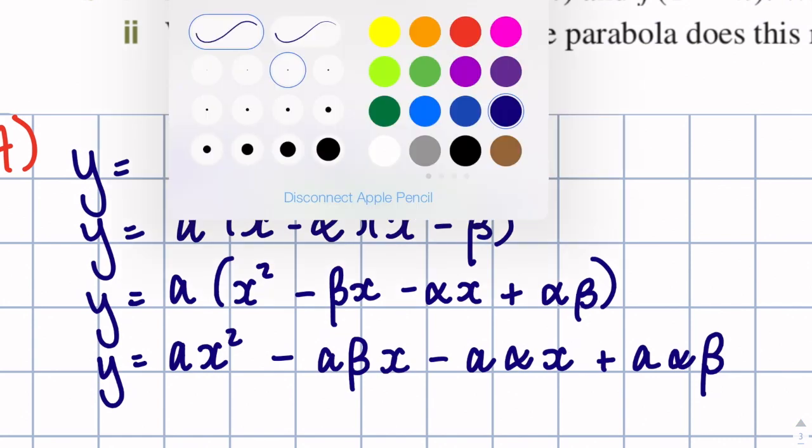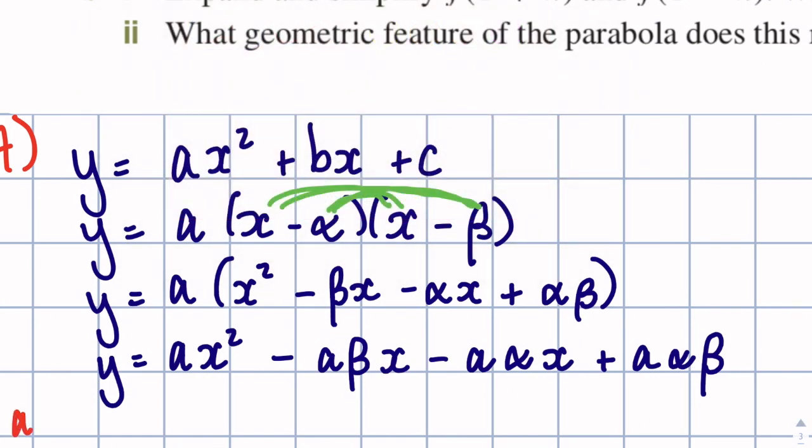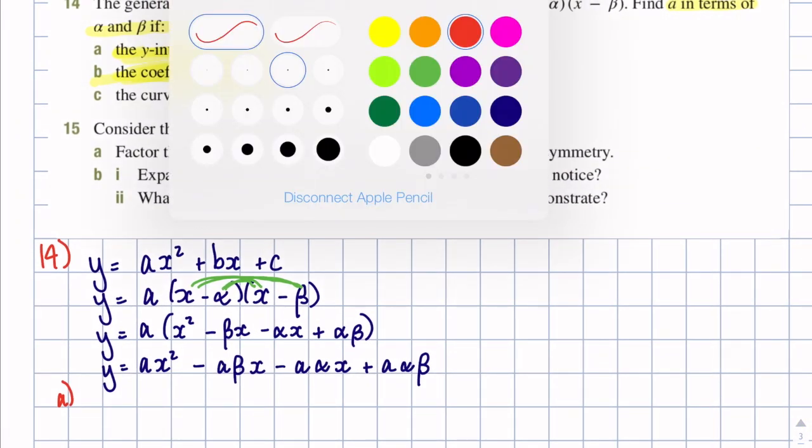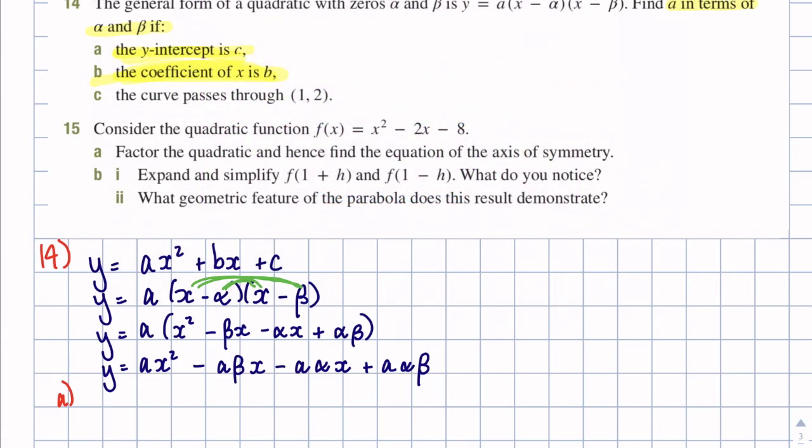Question 14a is specifically saying the y-intercept is c. So what it wants us to do is to look at the y-intercept, which is always the one without an x in it, and make them equal each other.